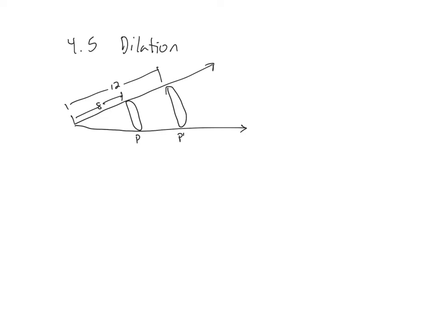So it's getting bigger, so the bigger number goes on top. And then we just reduce. And so we have a scale factor of 3 over 2 or 1.5.